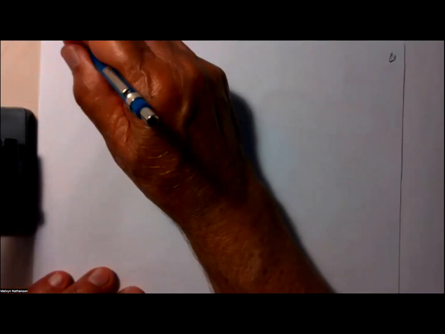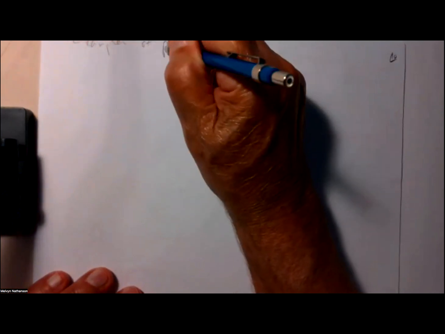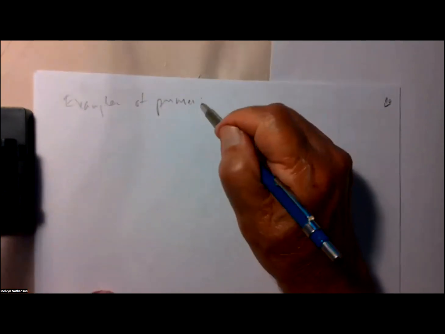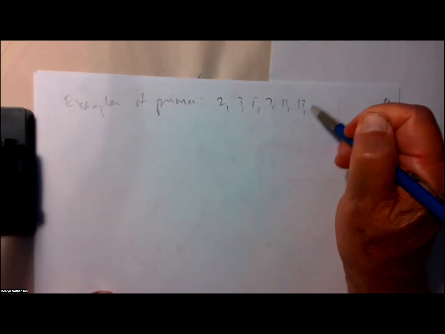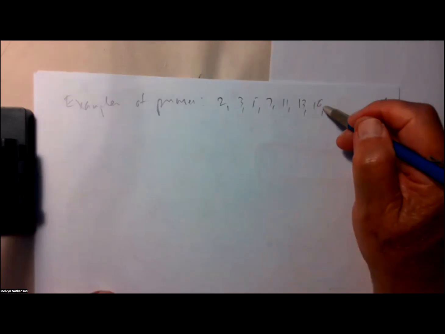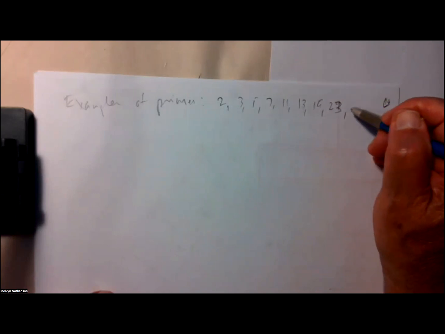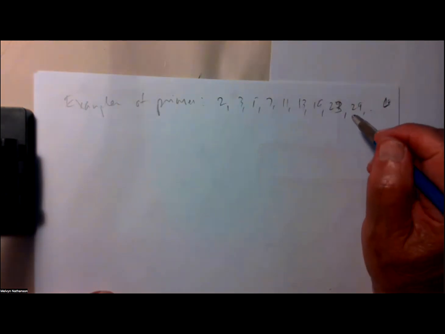What are some examples of primes? 2, 3, 5, 7, 11, 13, 17, 19, 23, 29, 31. You get a lot of primes.